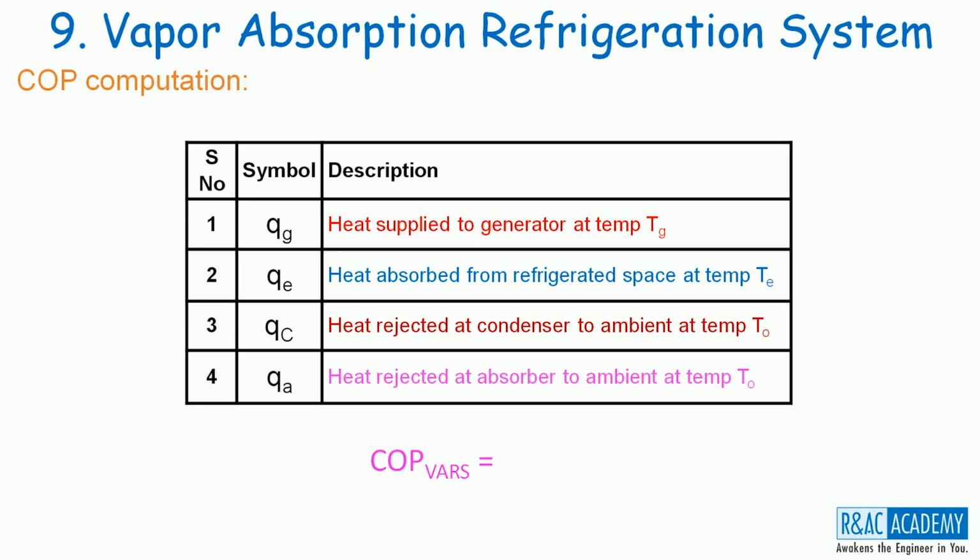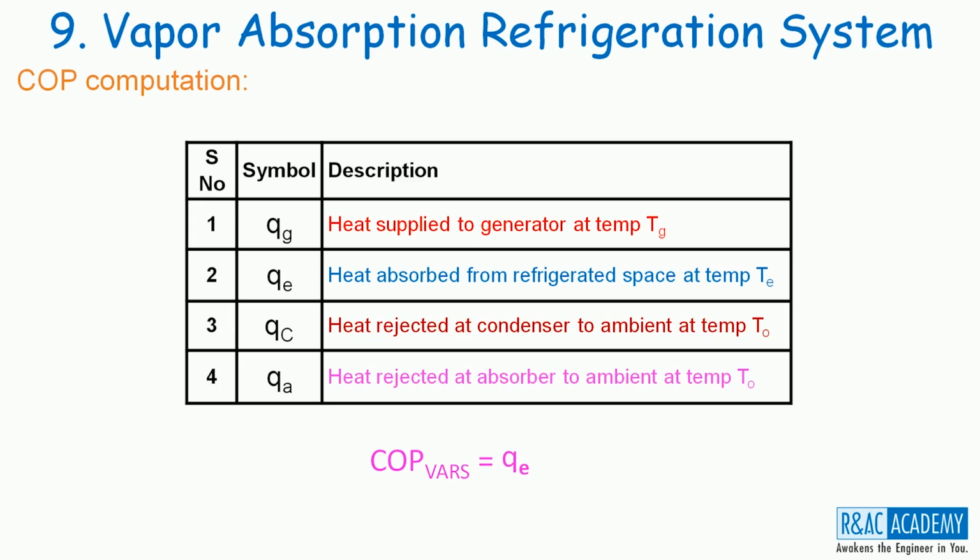COP for Vapor Absorption Refrigeration System is always output by input. And what is it that we are producing here? We are producing refrigeration effect, which is equivalent to QE, because QE is the heat absorbed by the evaporator from the refrigerated space maintained at TE.